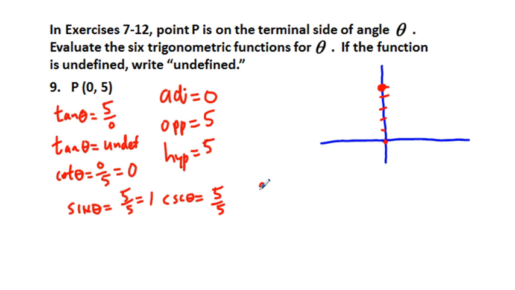And the cosine is going to be our adjacent, which is 0, over our hypotenuse, which is 5, which equals 0, and our secant is equal to 5 over 0, which equals undefined.